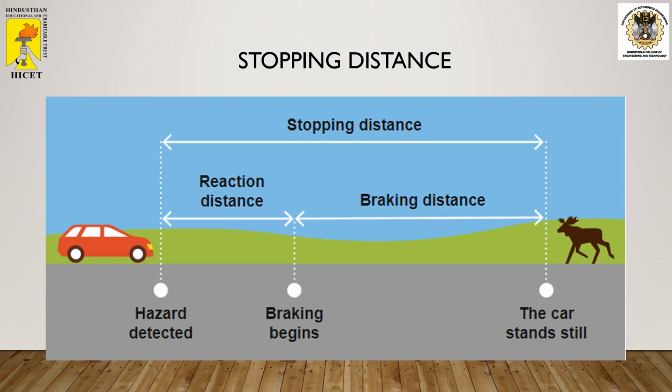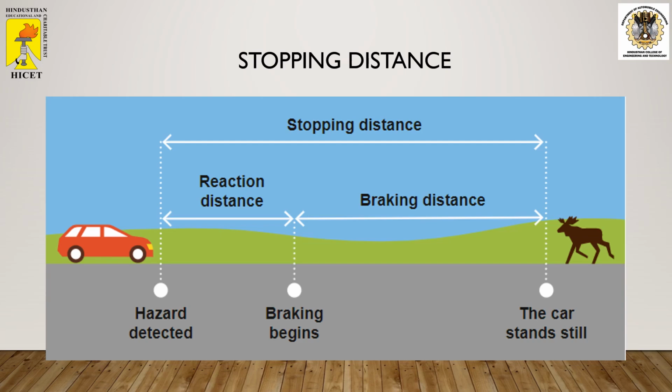This image clearly depicts the two different components of the stopping distance. As the image tells us, the car driver is able to see the hazard, and before the brakes take effect, the vehicle has gone through some distance.